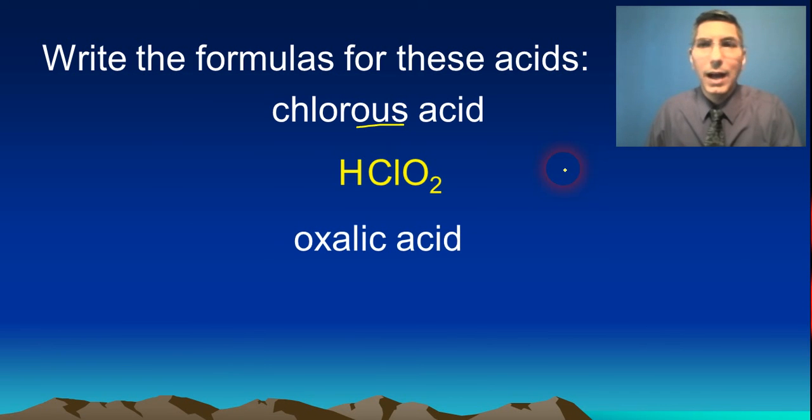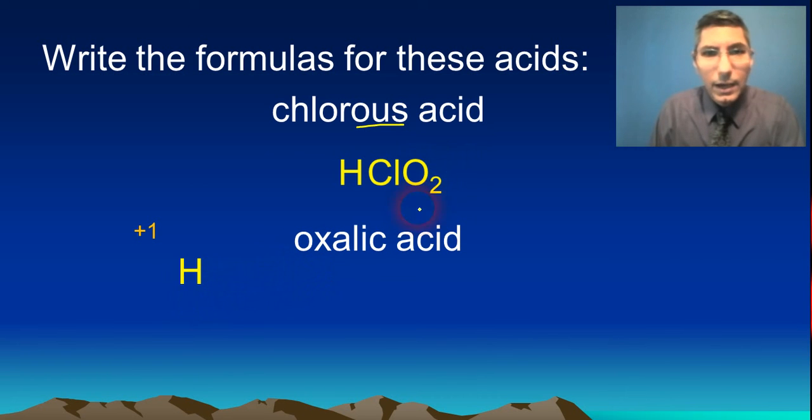Let's try this one, oxalic acid. So once again, since it's an acid, we know it is going to have hydrogen in it, and hydrogen has a charge of +1, and the ic, oxalic acid, implies that the anion ends with ate. So this is derived from the oxalate ion.